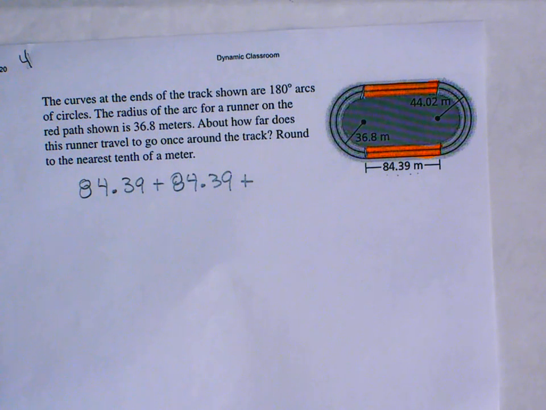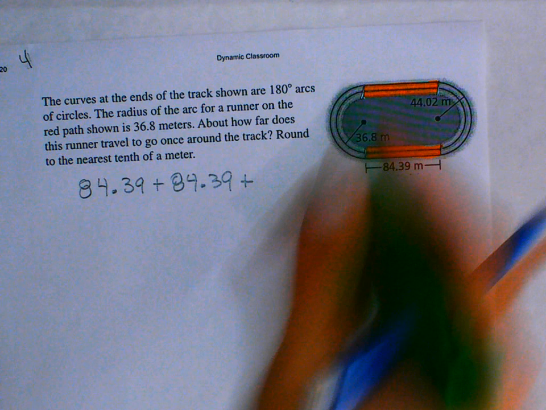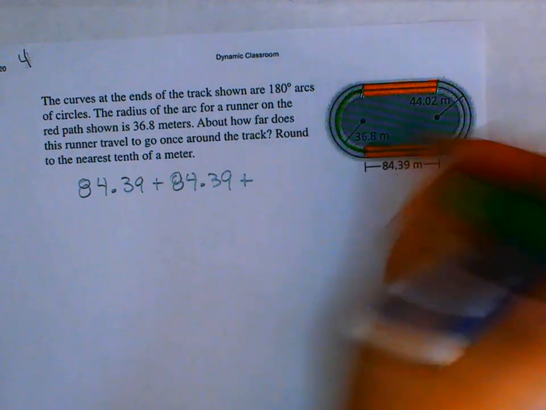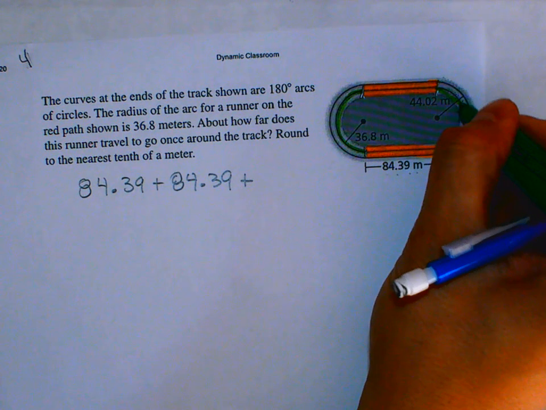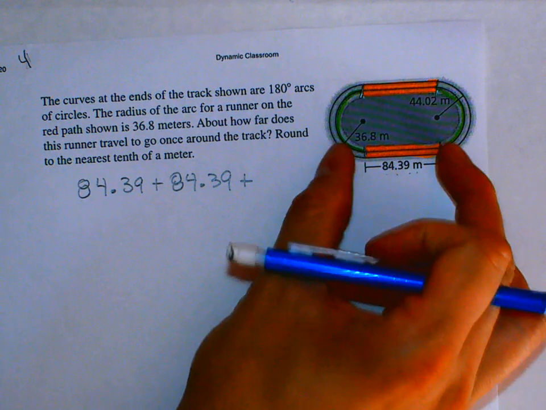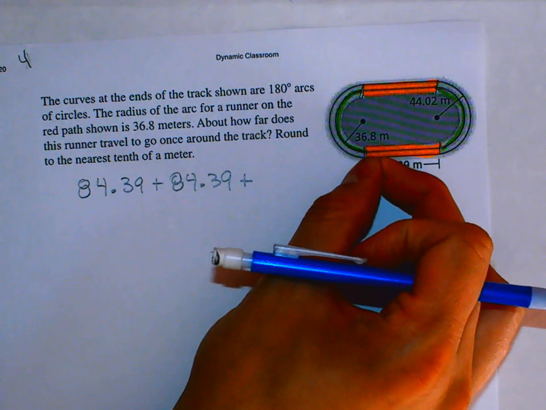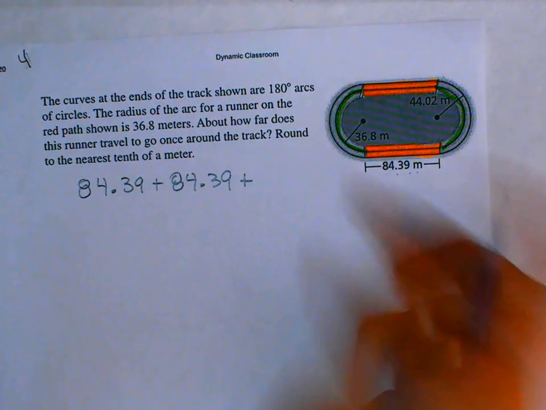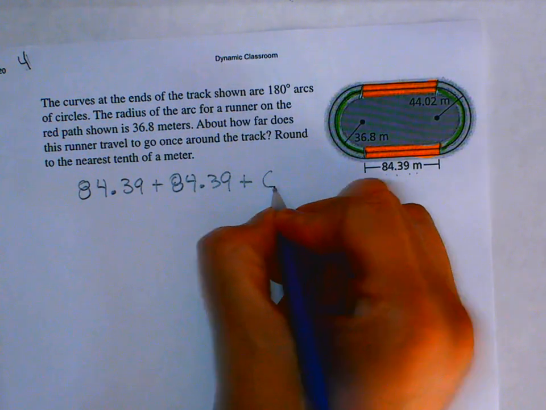Now what I need to do is find out what the inner distance is. In other words, this distance right here and this distance right there. So this 44.2 is kind of useless. If I put these two together, that is the equivalent to the full circumference of a circle. So that's going to be plus the circumference of the circle.